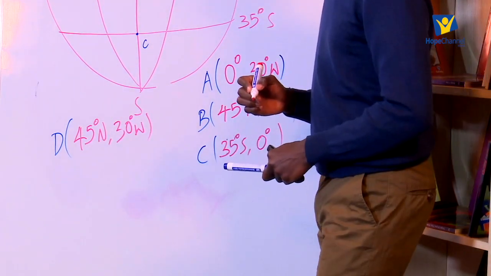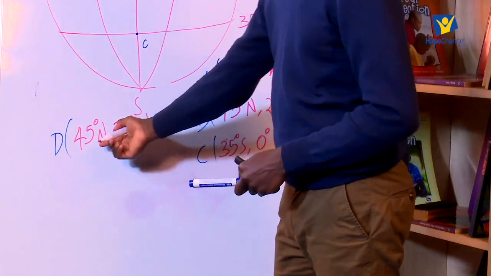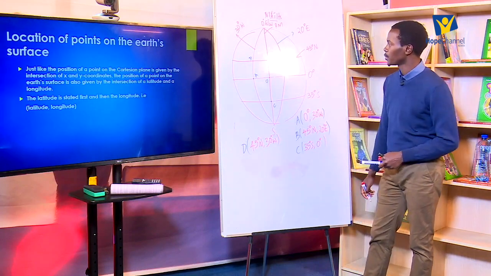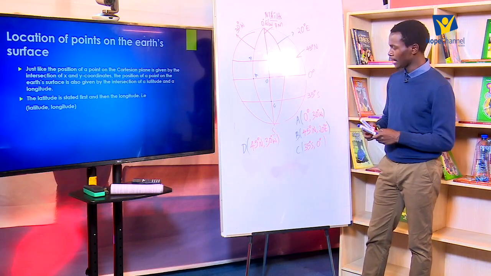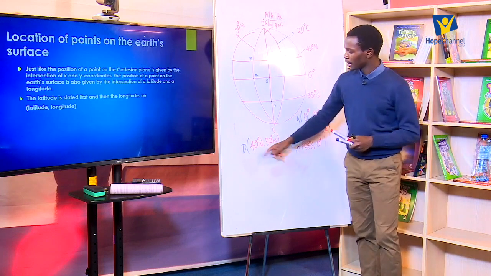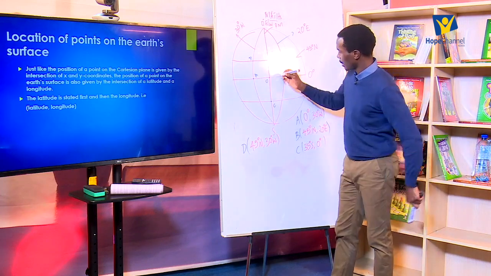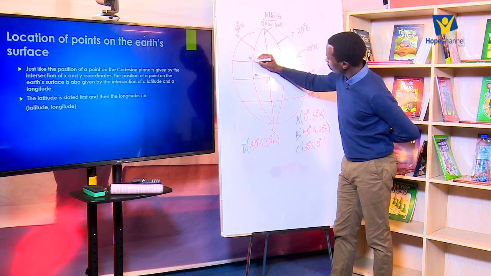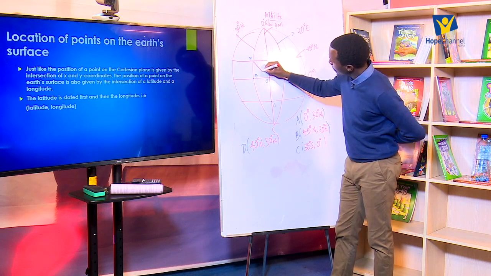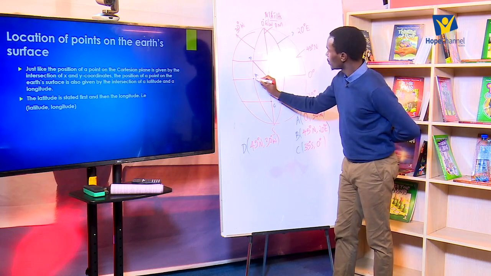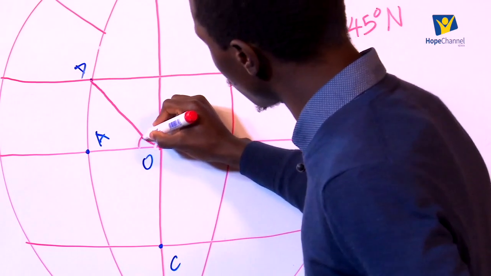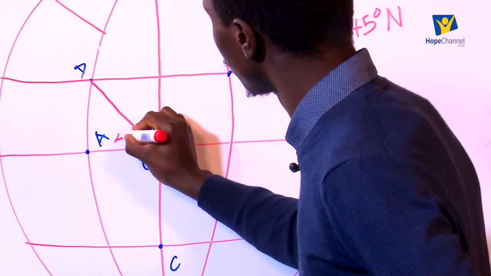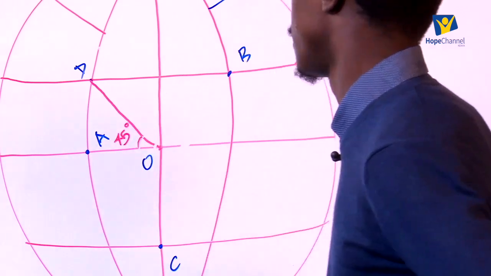Now, what does it mean to talk of 45 degrees to the north, 30 degrees to the south? What it means here is that the angle between the equator and the line joining the center to D, this is the angle we are talking of as 45 degrees.